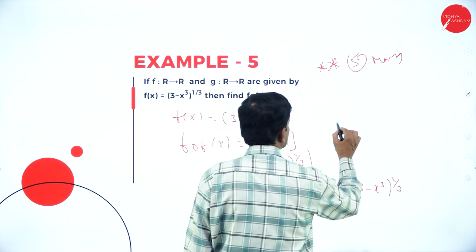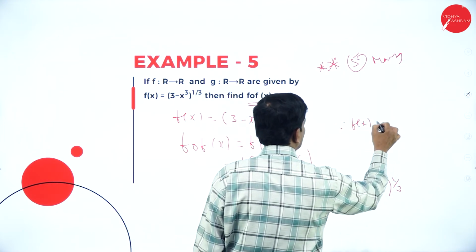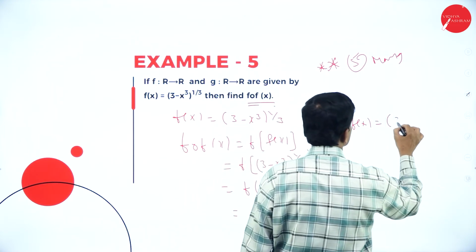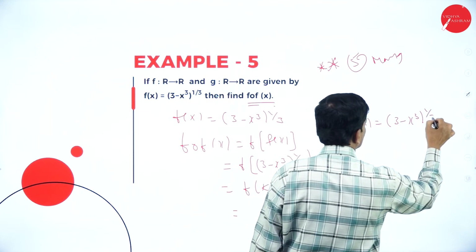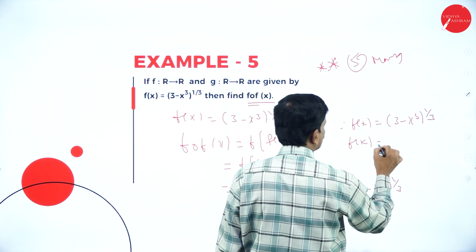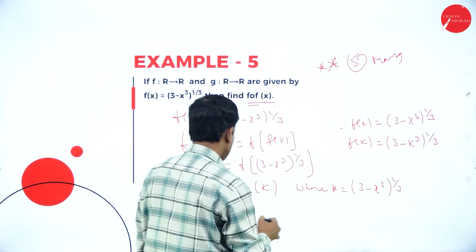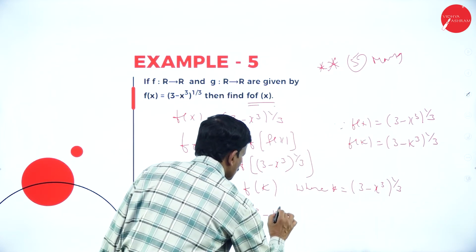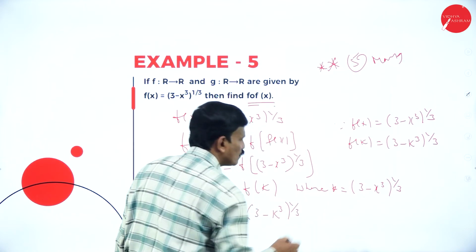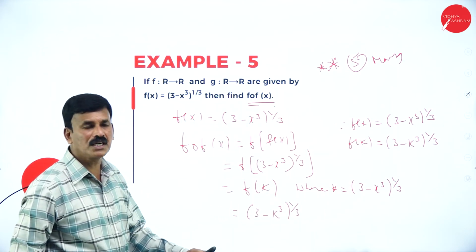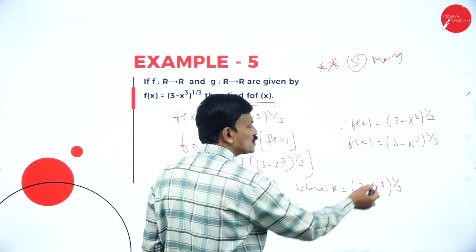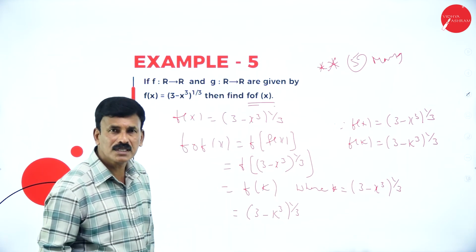Since f of x is equal to (3 minus x cube) whole raised to 1 by 3, if x is replaced by k, then this becomes (3 minus k cube) whole raised to 1 by 3. Just substitute the value of k. What is k here? (3 minus x cube) whole raised to 1 by 3, and simplify, you'll get the answer.